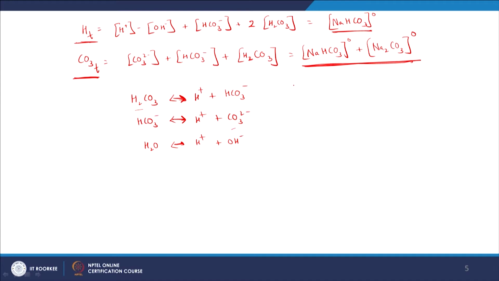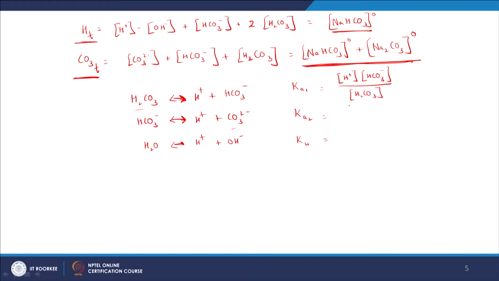And so I am going to list the relevant equilibrium constants Ka1 and Ka2 for the 2 protons that can be released by H2CO3, and the water dissociation constant Kw. Ka1 is going to be equal to the activity, which I am going to approximate by H plus into HCO3 minus by concentration of H2CO3, right.